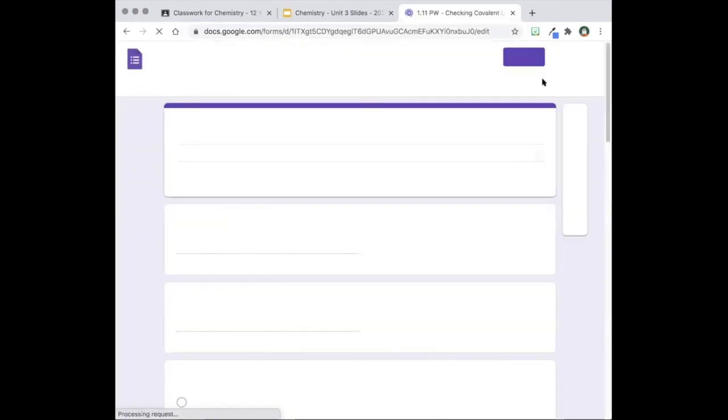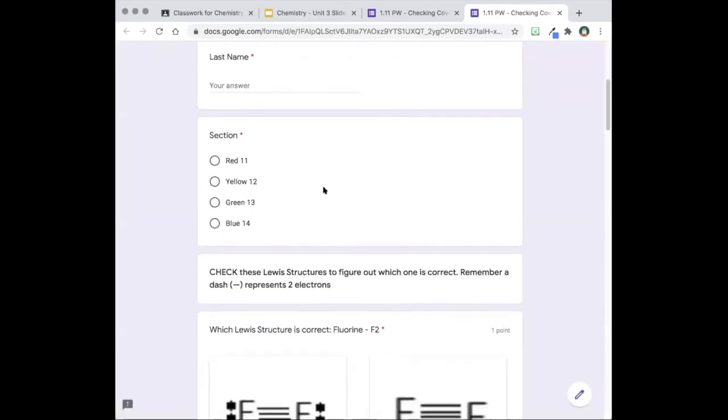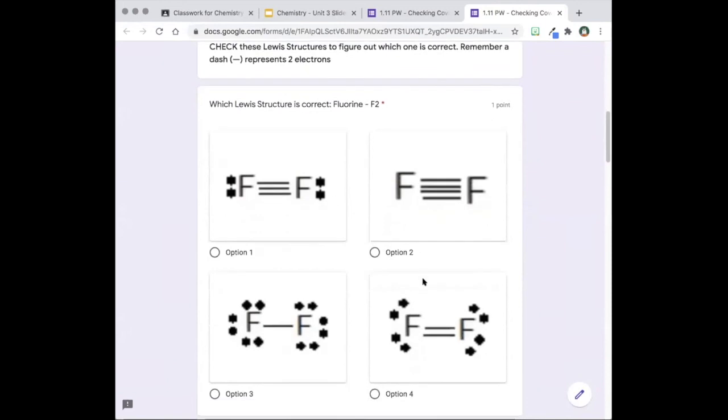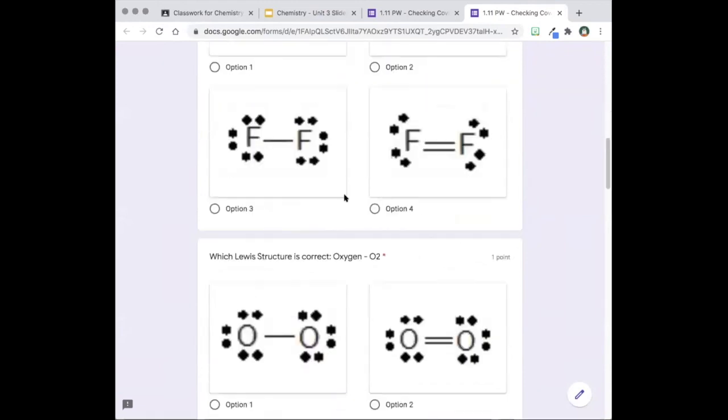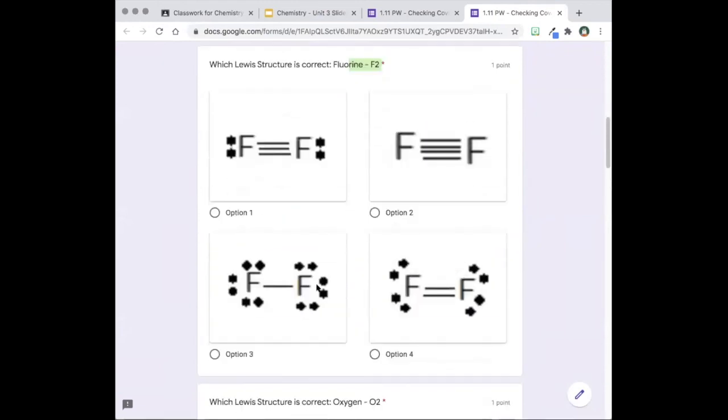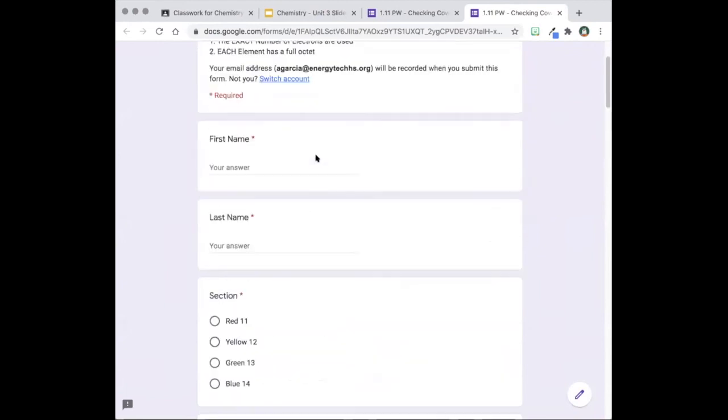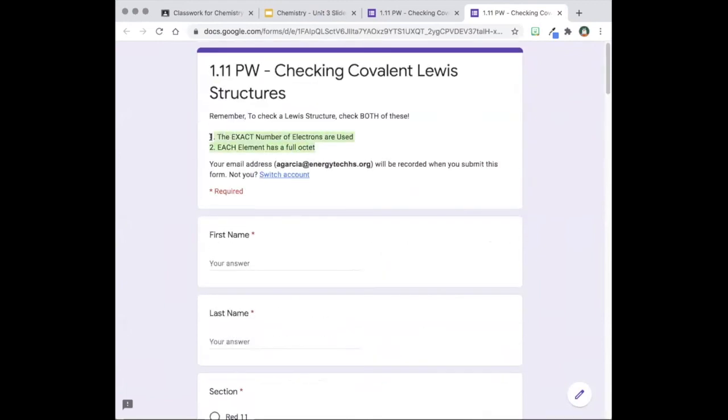What you are going to see, if my computer would ever load, is you're going to fill out your name, first name, last name, all that good stuff, section number, and then you have 4 diagrams. For each question, it says which Lewis structure is correct for fluorine, for nitrogen, for oxygen, and so forth. The 2 things you are going to check are listed up here at the top: that the exact number of electrons are used, meaning you count your total number of valence electrons, and that each element has a full octet.